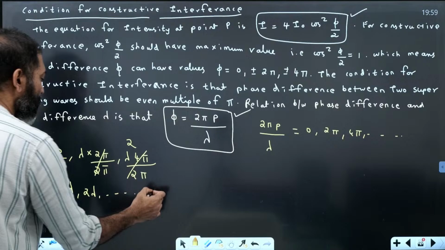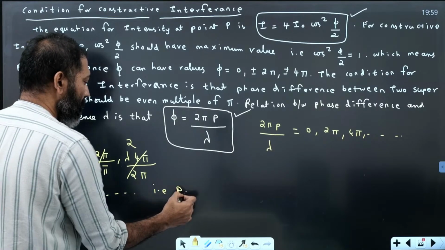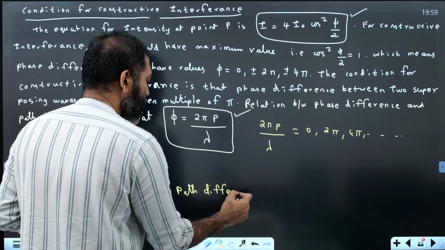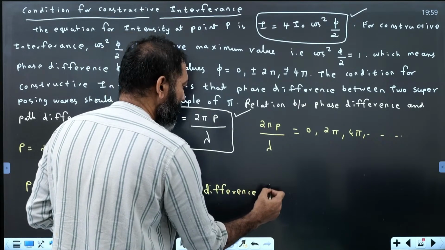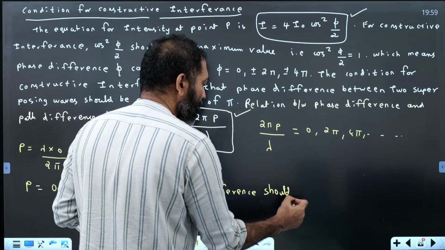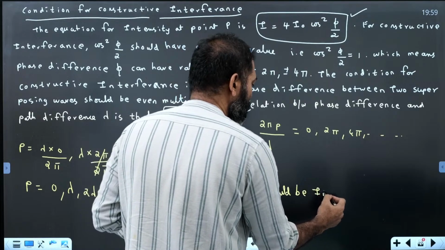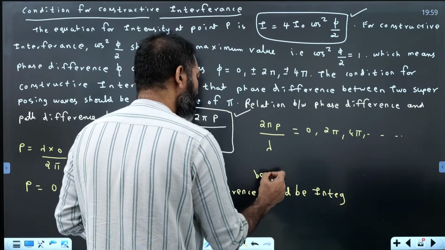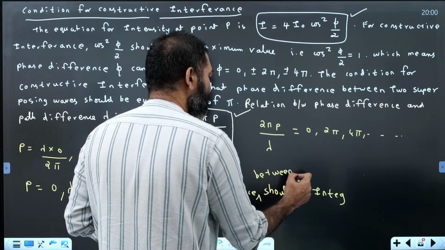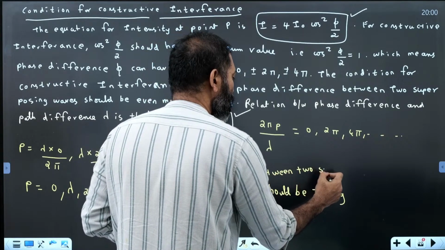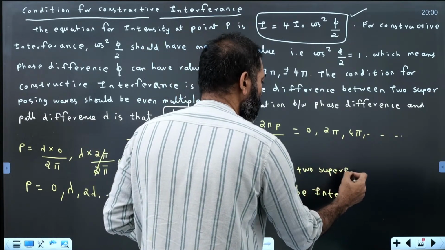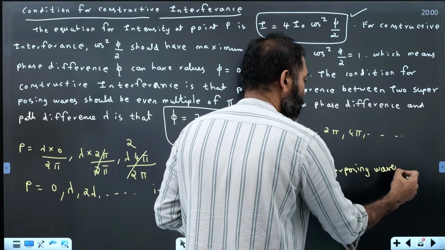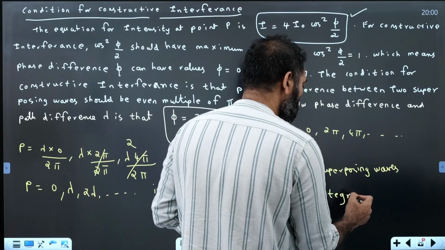That is, path difference between two superposing waves should be an integral multiple of lambda.